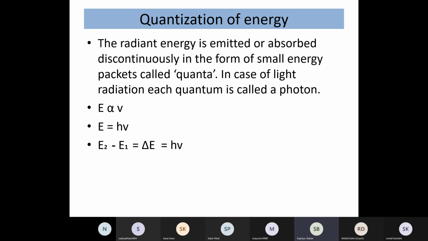It means the wave number is the reciprocal of wavelength. ν̄ is equal to 1 by λ.